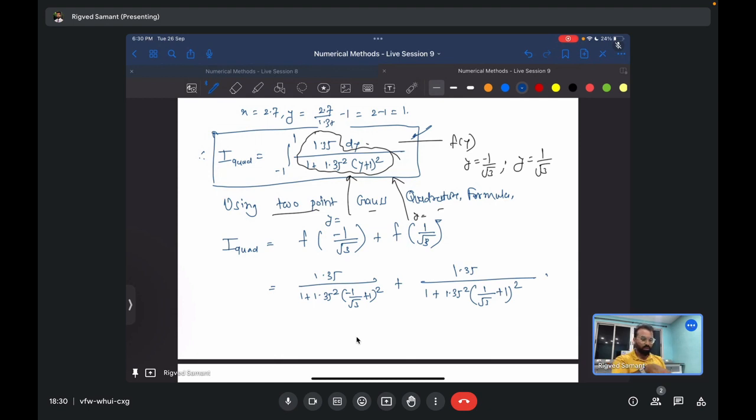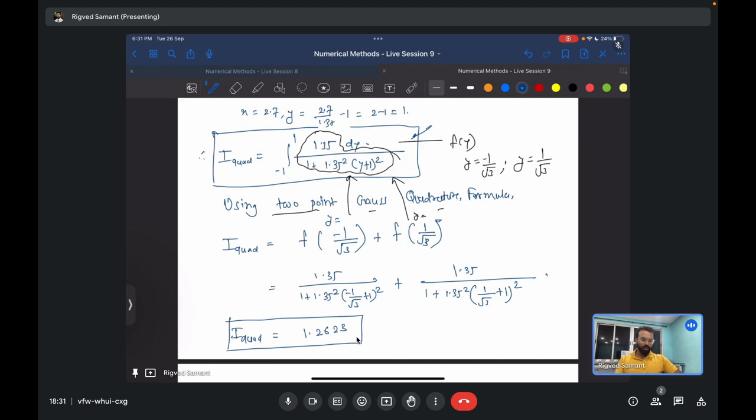So if you put this value in a calculator, you will get the value as 1.2623. This is your I quad.